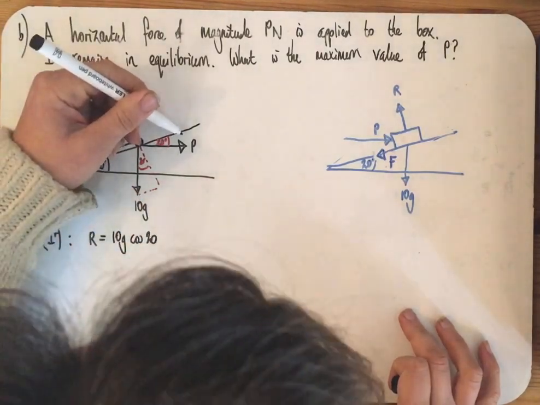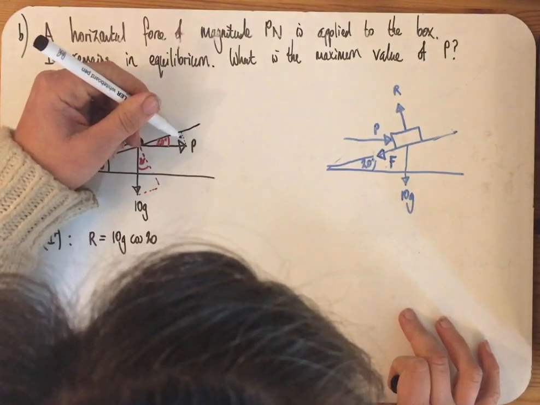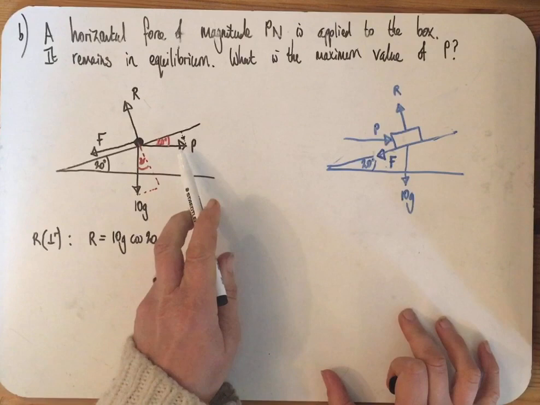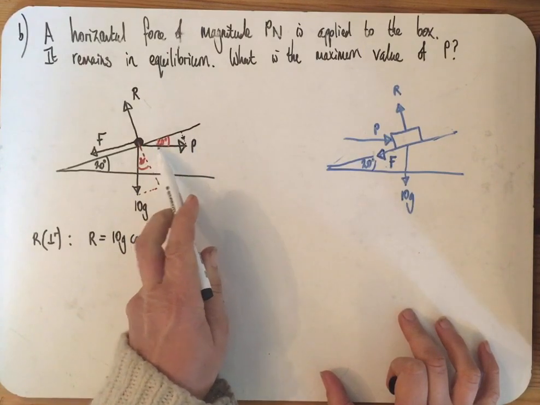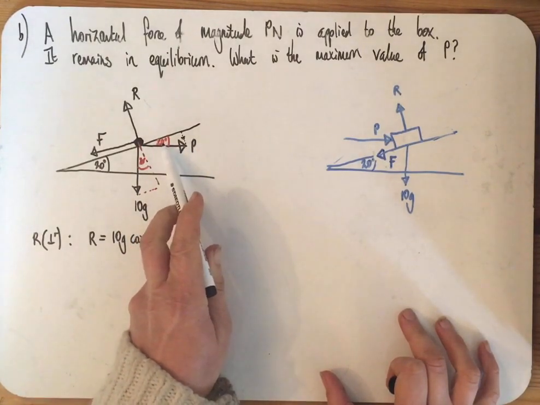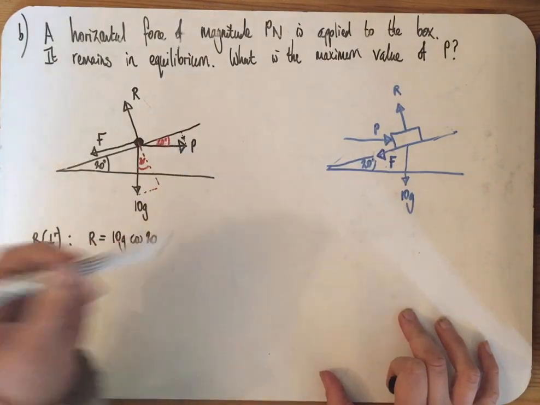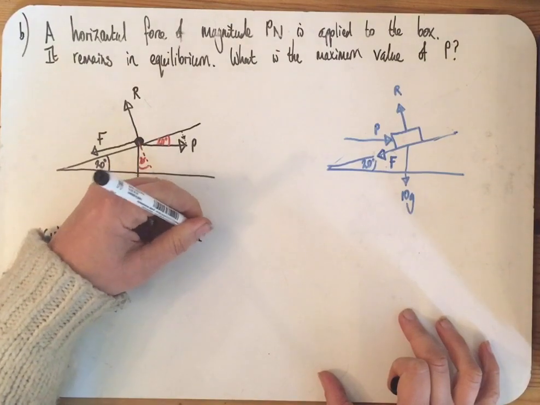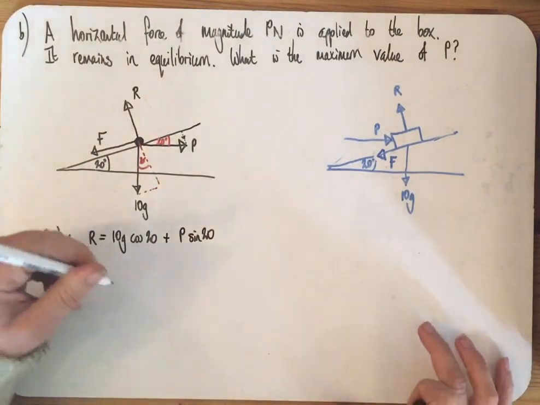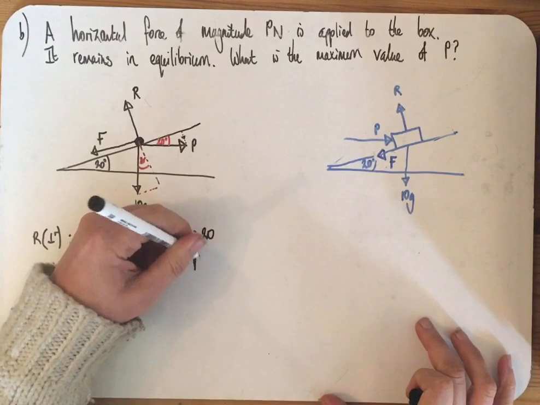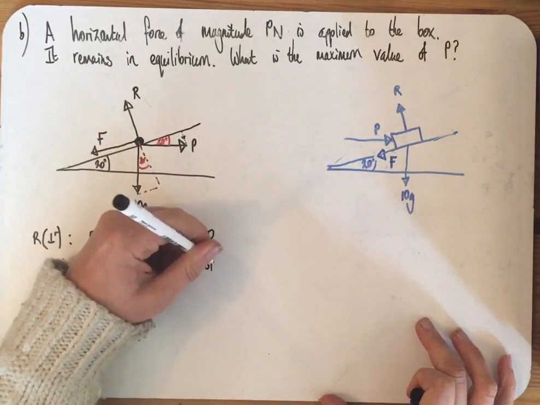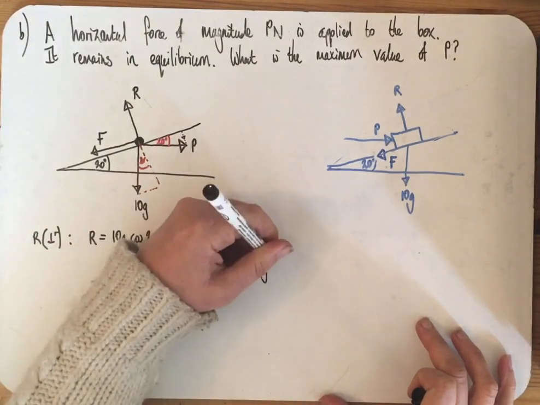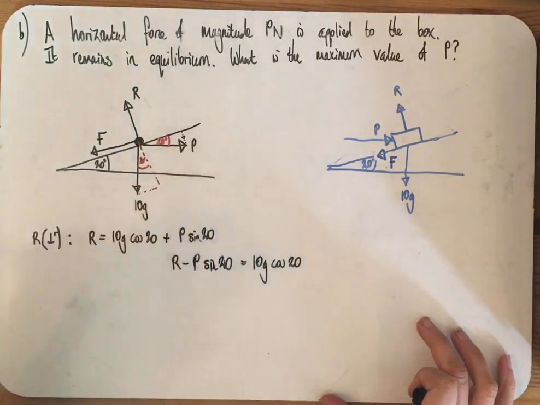But I also have a little bit of this one acting down in this direction, and that's equal to, so we've got a right angle triangle, force on the hypotenuse, so that's equal to P sine 20. And so rearranging that, I'm expecting two simultaneous equations, so R minus P sine 20 equals 10g cos 20.